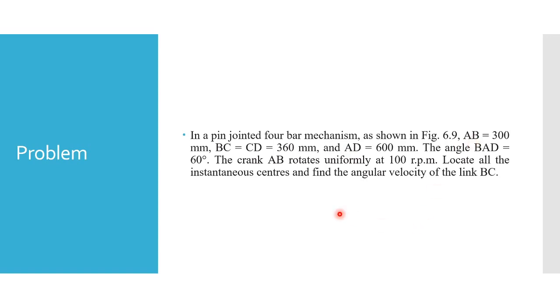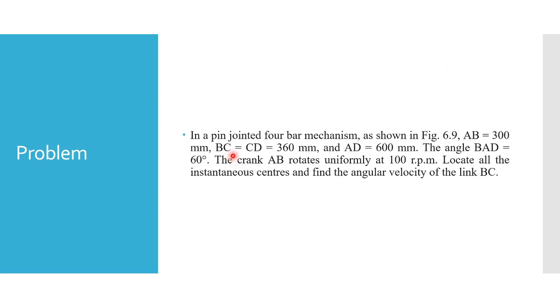Okay, so draw AD as 600 mm, take a suitable scale and mark it as AD, then take a 60-degree inclination and draw 300 mm to represent AB.